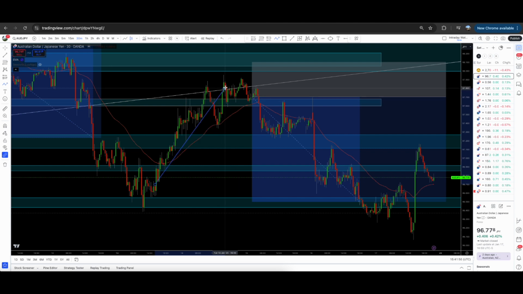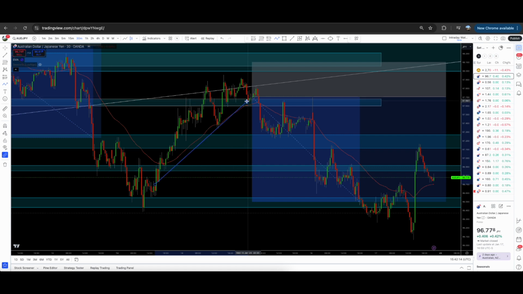When price broke above this previous structure, I was like, okay, perfect. Now I'm waiting for price to break. If price breaks or closes below this level right here, then to me it identifies that price wants to go lower.